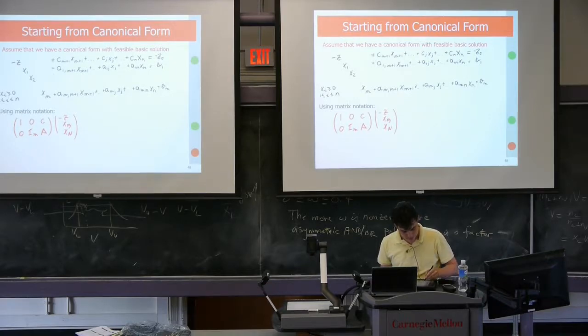This system is the same as this. And on the right-hand side, we have minus z0 and vector b.